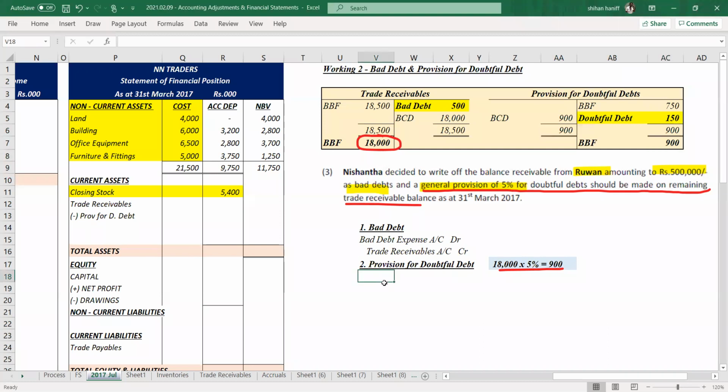Then the double entry is doubtful debt account. This is under provision for doubtful debt.